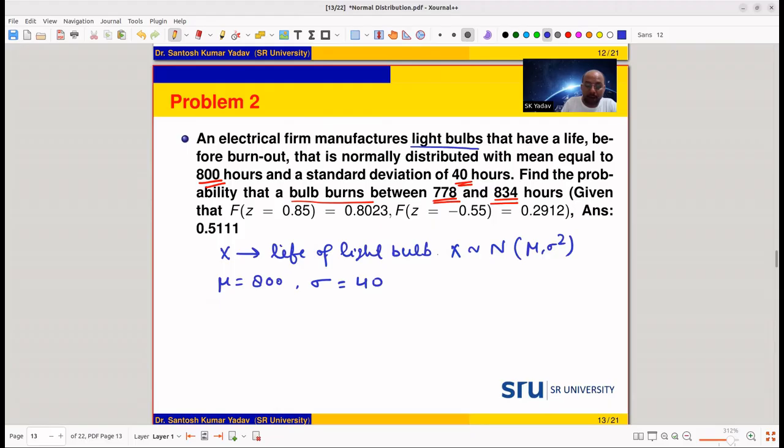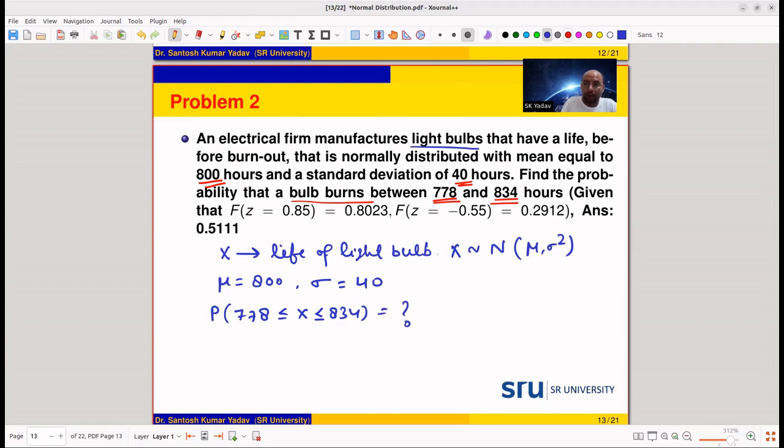You have to find the probability that the bulb burns out between 778 and 834.